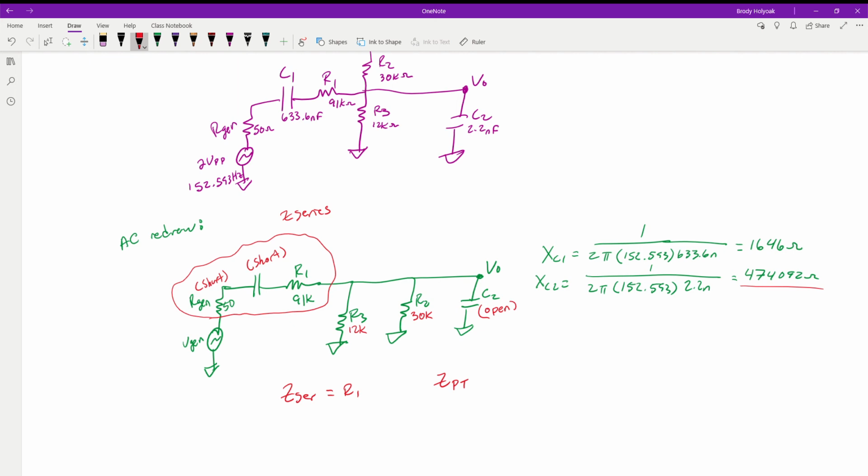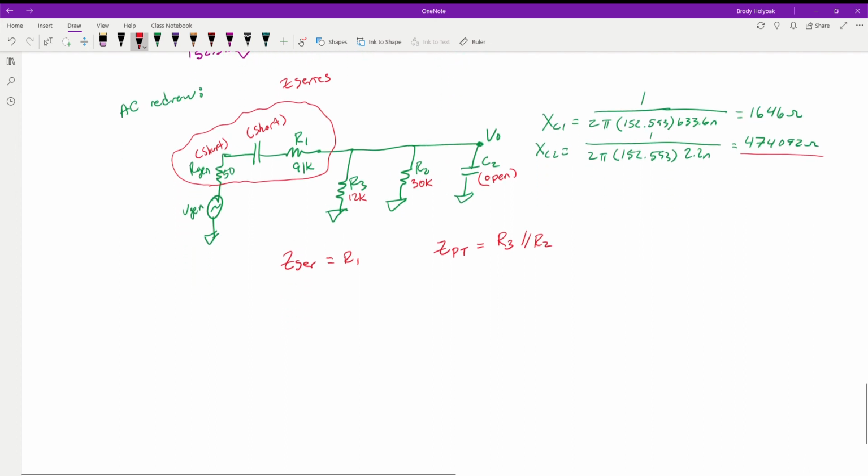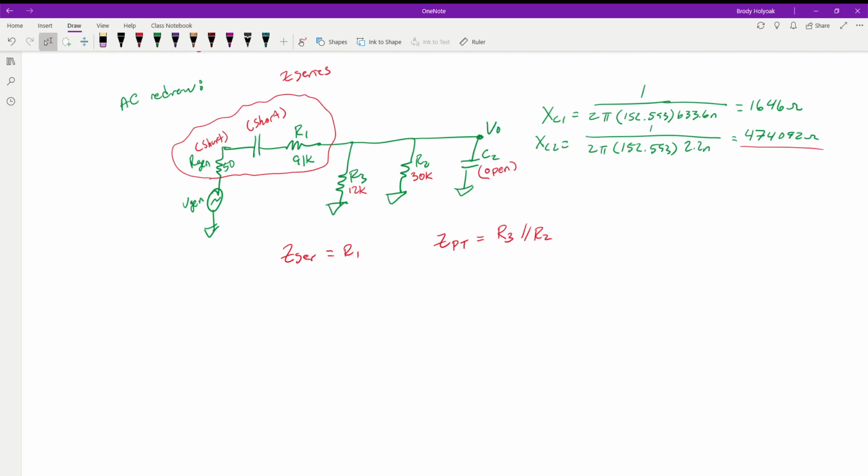So in this case, our Z parallel total is going to be equal to R3 in parallel with R2, and in parallel with an open, which is the same as if nothing was there anyway. So we end up with our Z series equal to 91K.